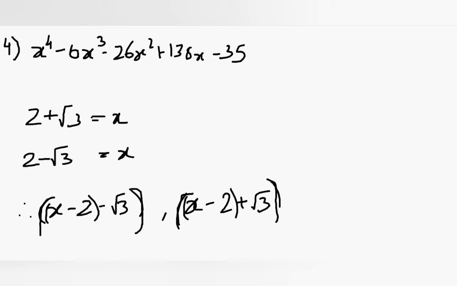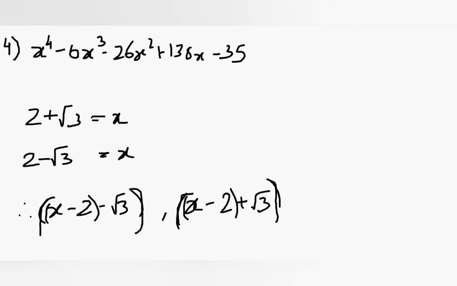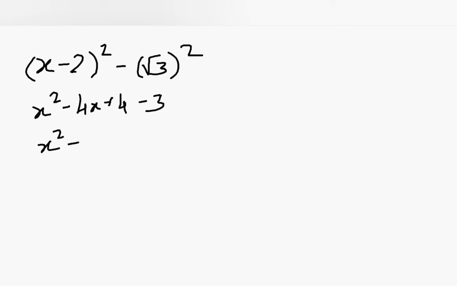So when we multiply that, we get x minus 2 the whole square minus root 3 square. Now we simplify it: x square minus 4x plus 4 minus 3, so x square minus 4x plus 1. So this is the polynomial we got here.